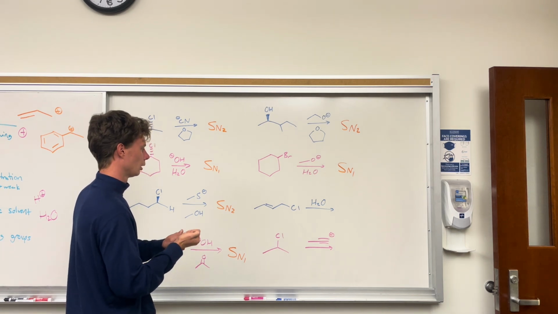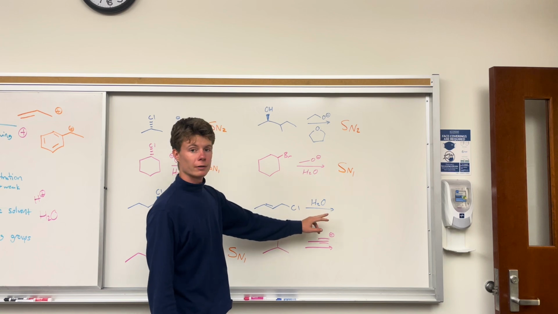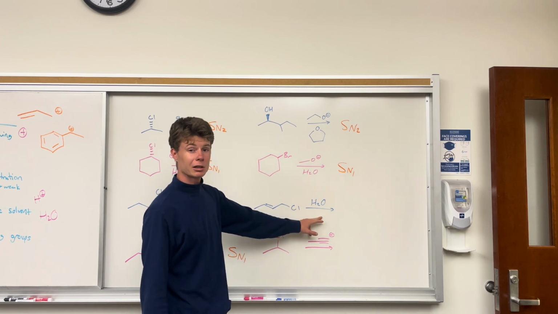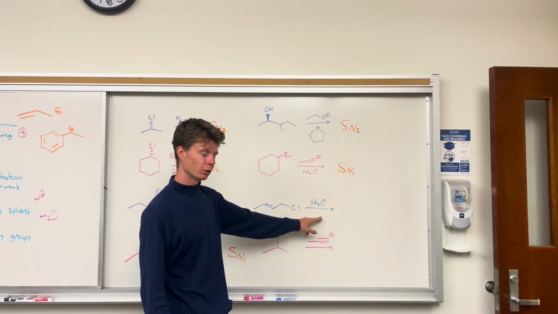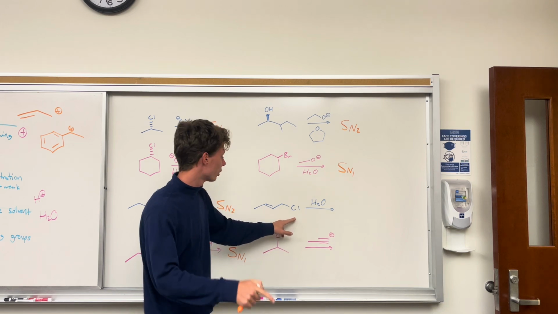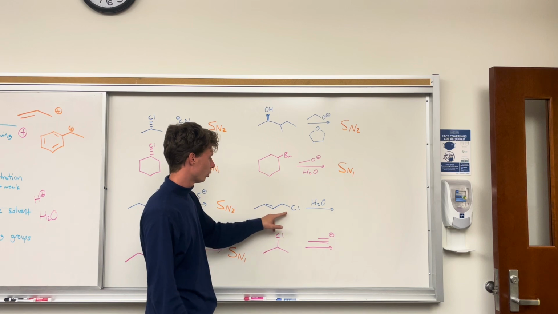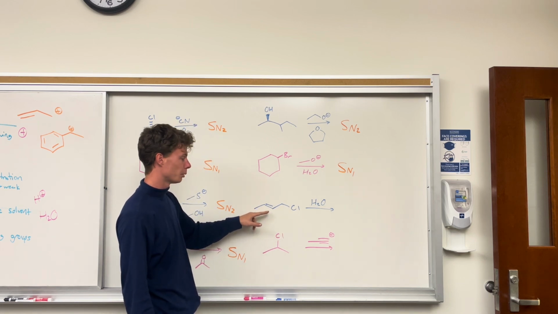Okay. All right. I have water in this example as both my solvent and my nucleophile. Weak nucleophile, very weak nucleophile. So this is going to tell me SN1. But my primary chlorine, not primary chlorine, it's an allyl chlorine, notice, okay? It's one carbon away from my double bond here.